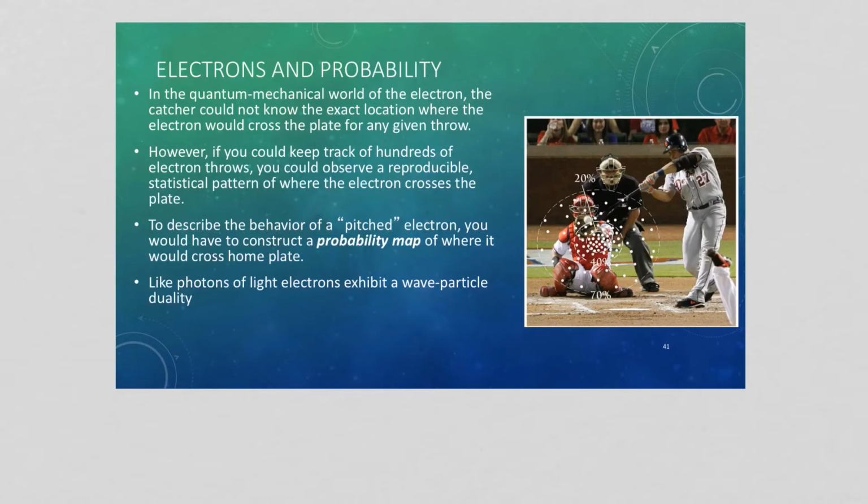If we calculate the forces acting upon that baseball, how it's thrown, how fast it's thrown, etc., we can predict with a high level of certainty where that ball is going to end up, right? Where it's going to cross the strike zone, where it's going to cross the plate, where the catcher would catch it, right? Because we have lots of equations, we can predict that if we know the forces acting upon it.